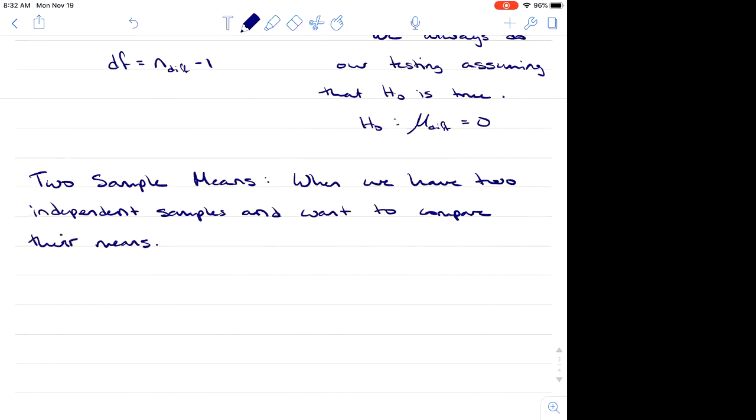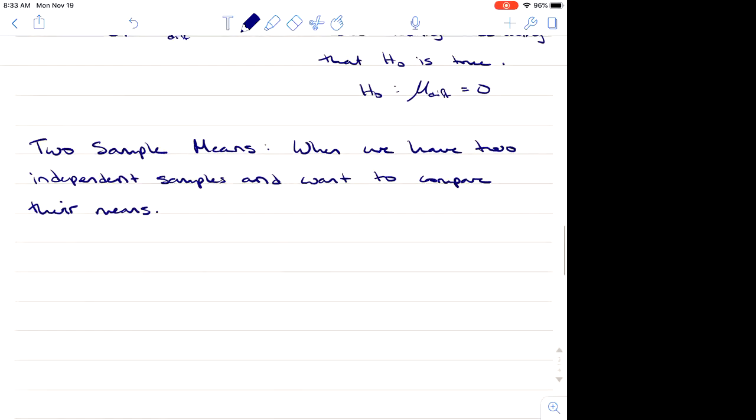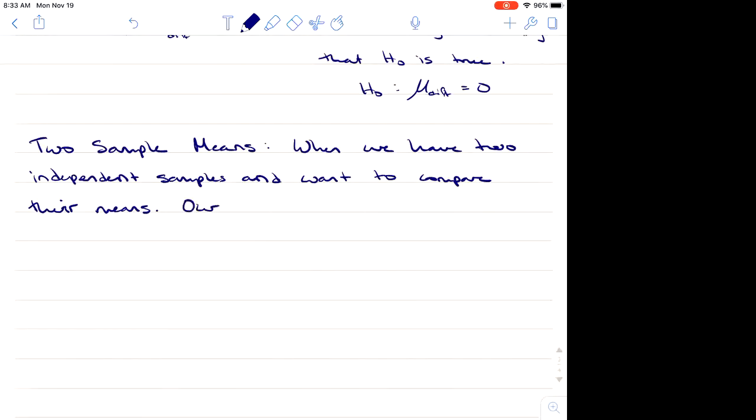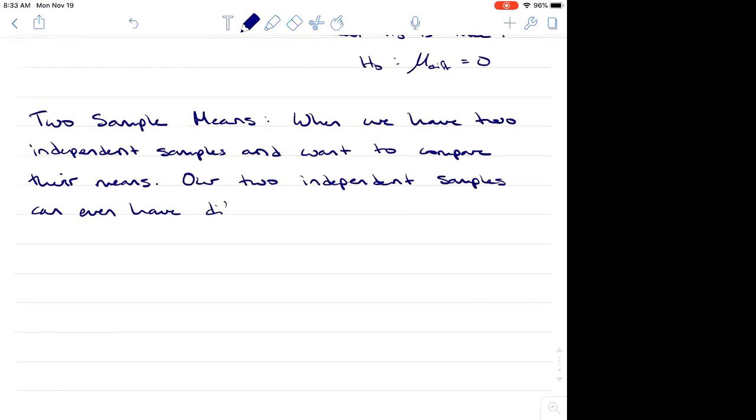You could look at comparing the heights of 15 females to the heights of 20 males, and that's okay, because these are 2 independent samples. And so our 2 independent samples can even have different sample sizes.